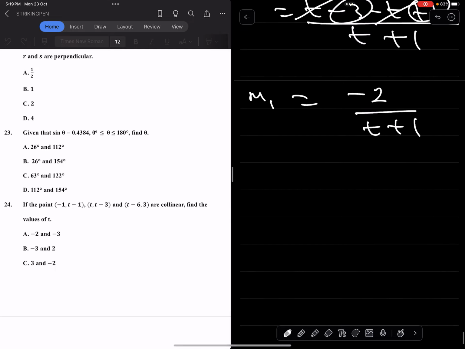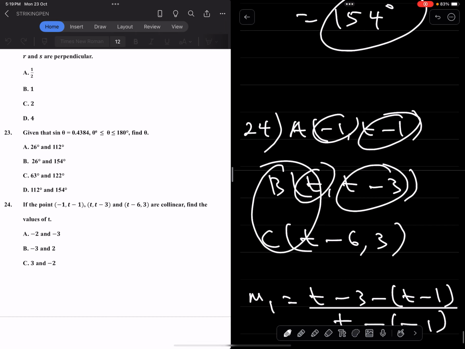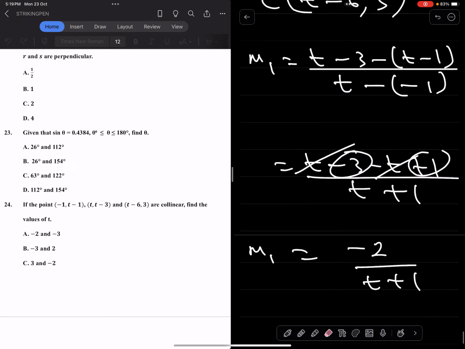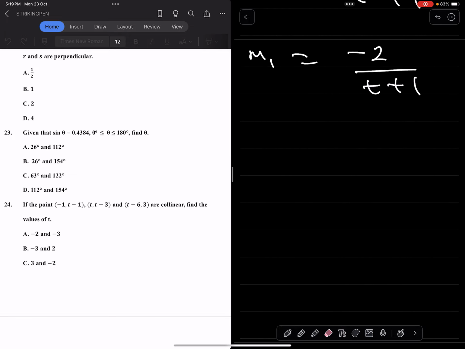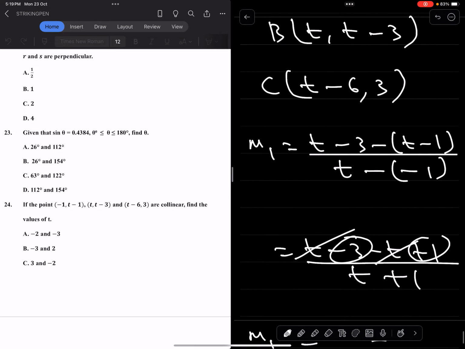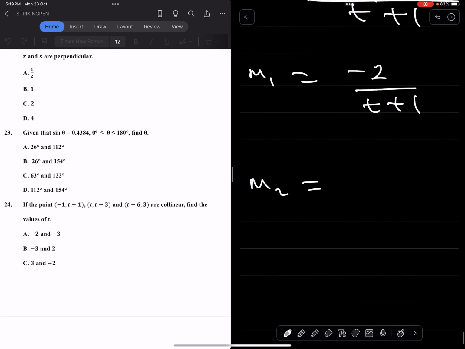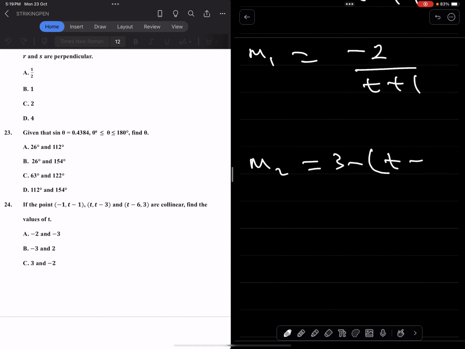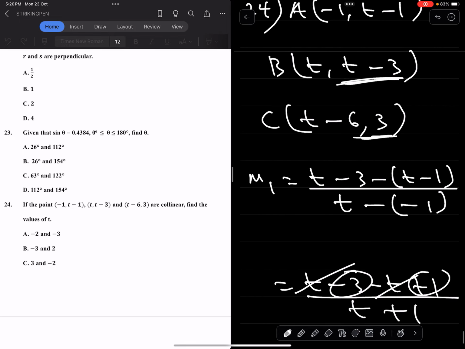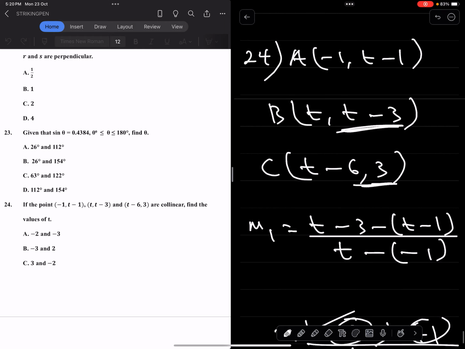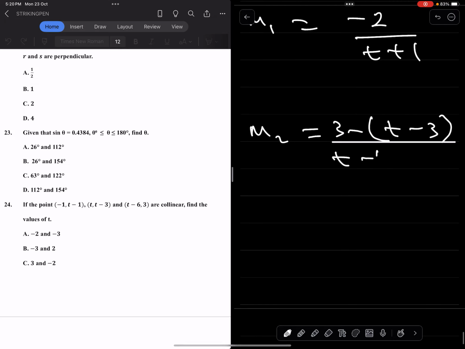That's m1. Now let the gradient of BC be m2. So that simply means we're finding the gradient of BC. m2 equals y2 minus y1, which is 3 minus (t minus 3), over x2 minus x1, which is t minus 6 minus t.